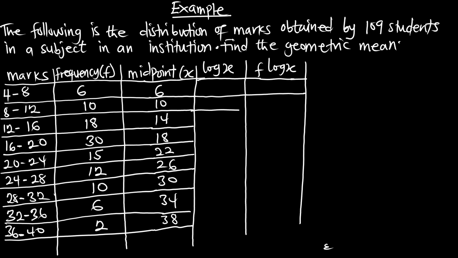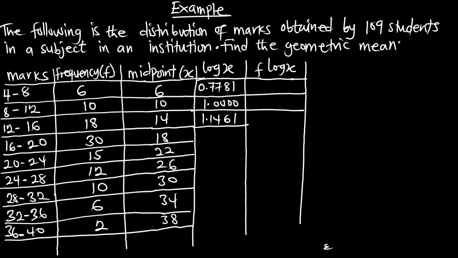So log of 6, that is going to give us 0.7781. This is going to be log to the base 10 of 10, that is going to be 1. So 1.0000. Log of 14, and we are going to get our value as 1.1461.